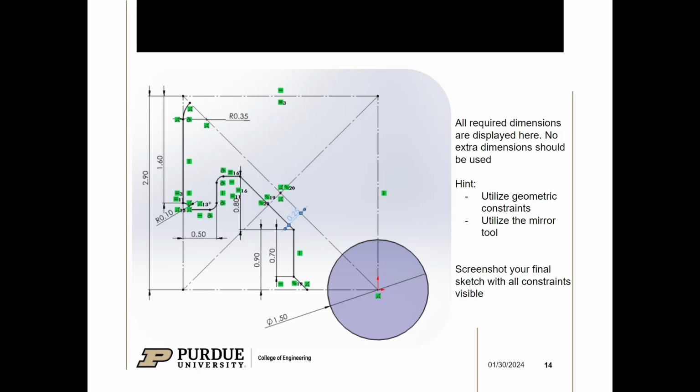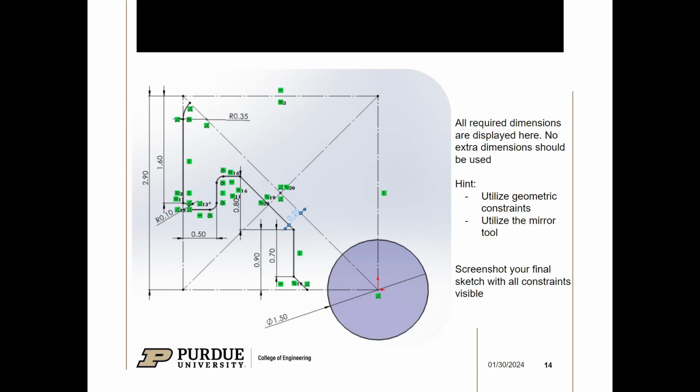If you have the geometric constraint twice, then you did something wrong or you're missing a geometric constraint. Did I say geometric twice? I mean dimensional. If you're using the dimensional constraint more than once, then you did something wrong.